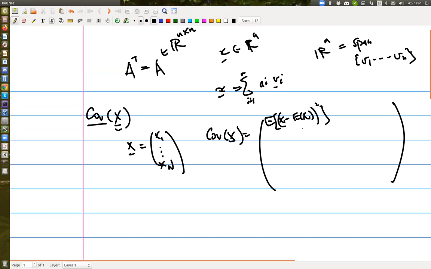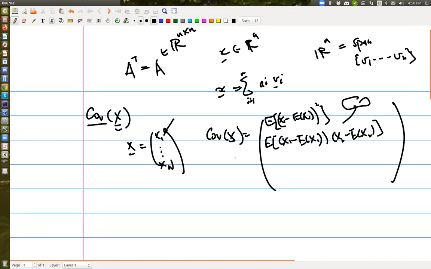So basically the diagonal is just the variance of that element x1. Then the second element will be x1 minus expectation x1, times x2 minus expectation x2. And this part here will be the same as the symmetric one.